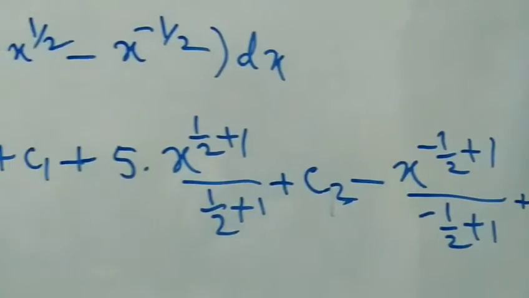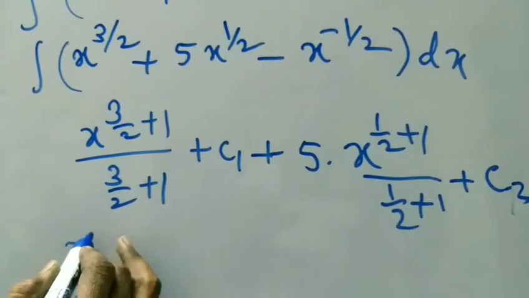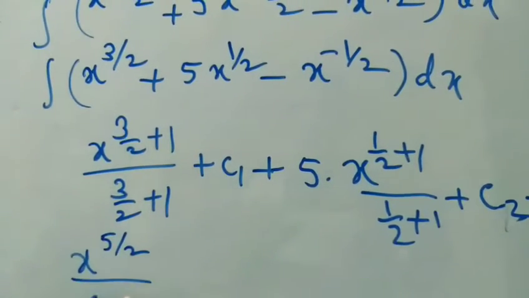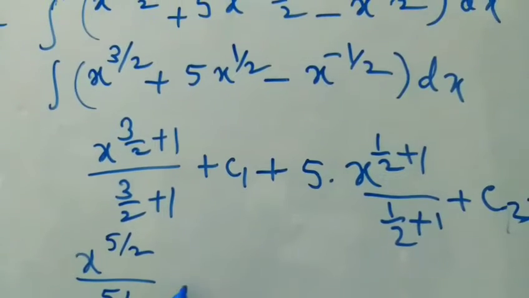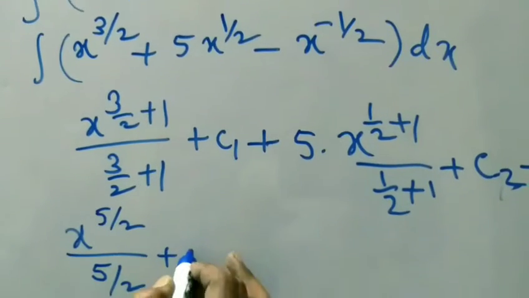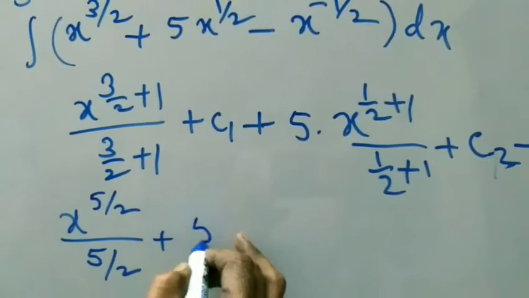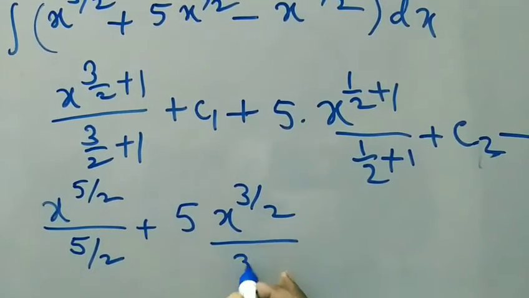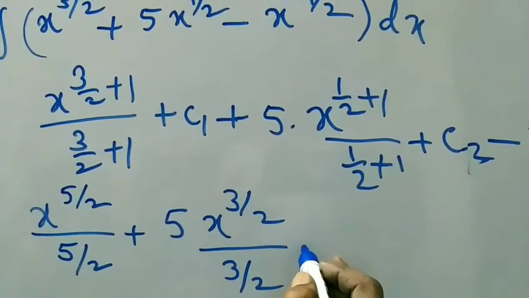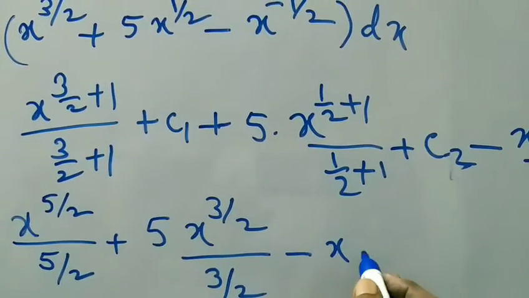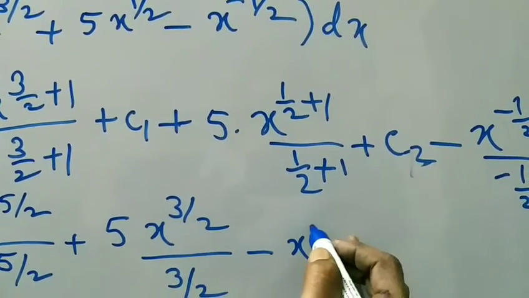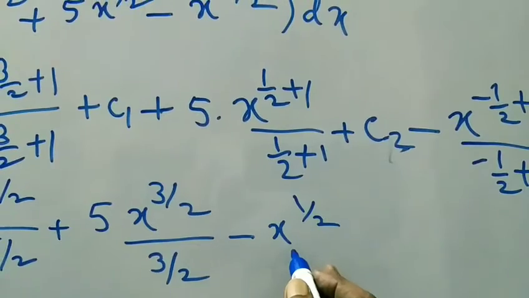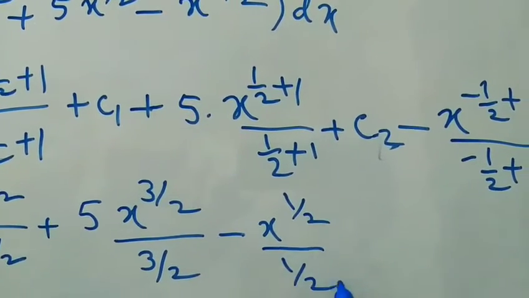So now it becomes x to the power of 5/2 by 5/2 plus c, plus 5 into x to the power of 3/2 by 3/2, minus x to the power of 1/2 by 1/2.